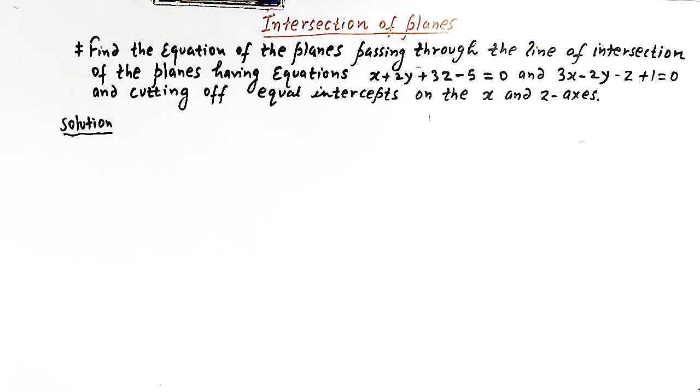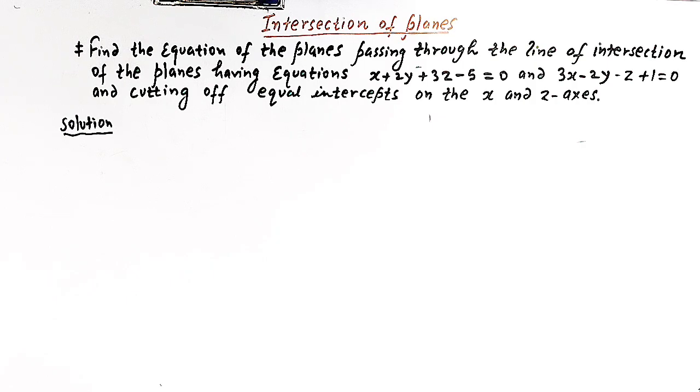Hello viewers, in today's session we are going to discuss another important conceptual problem from three-dimensional geometry, and here we are going to take up this problem from the topic that is intersection of planes, right?